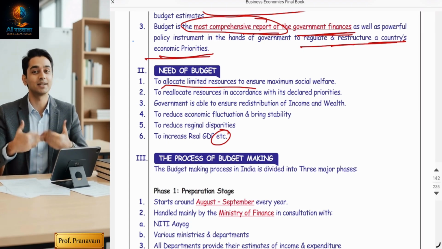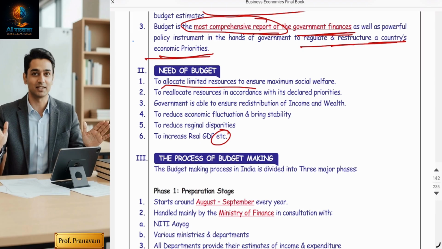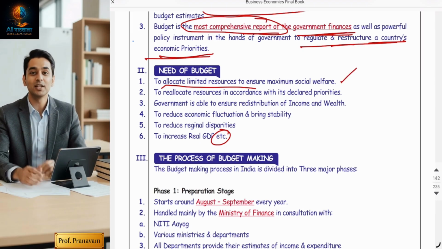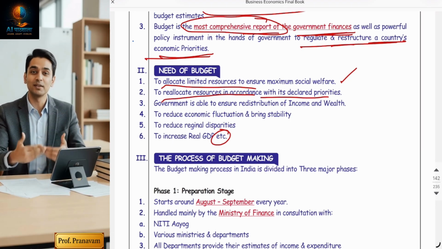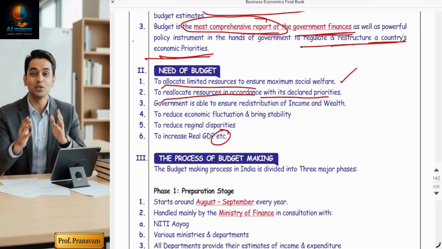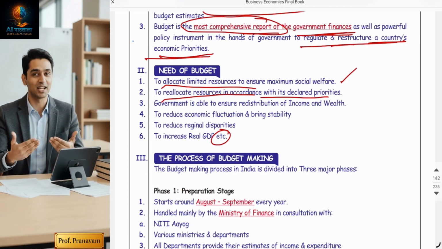So the impact is that priority sectors like health, education and infrastructure get support. Then, to reallocate resources in accordance with its declared priorities, which means the government reallocates funds based on development goals and social needs. Economic planning becomes goal oriented.